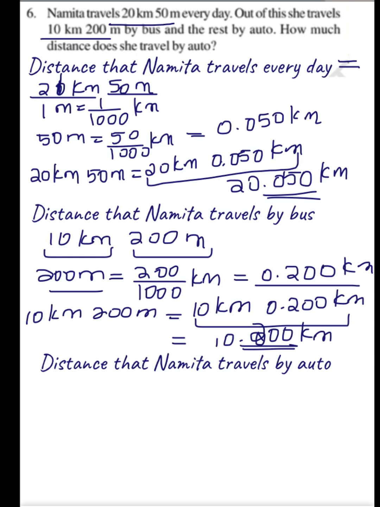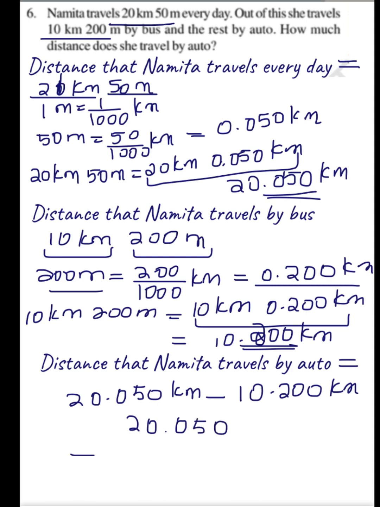Now the question is, how much distance does she travel by auto? That is, the distance that Namita travels by auto will be equal to the distance that Namita travels every day minus the distance that Namita travels by bus. So this will be equal to 20.050 kilometer minus 10.200 kilometer.